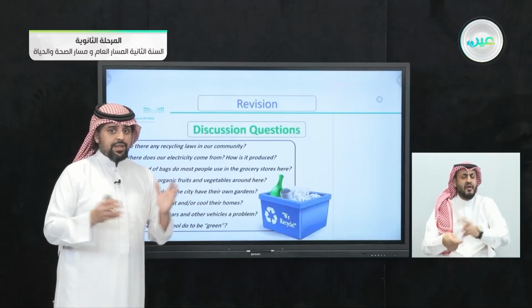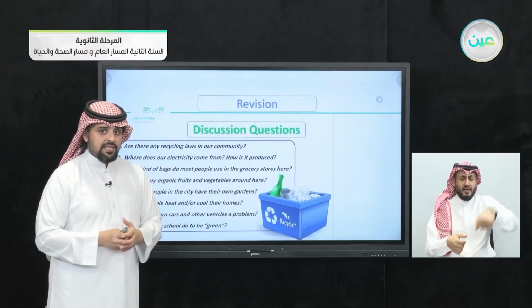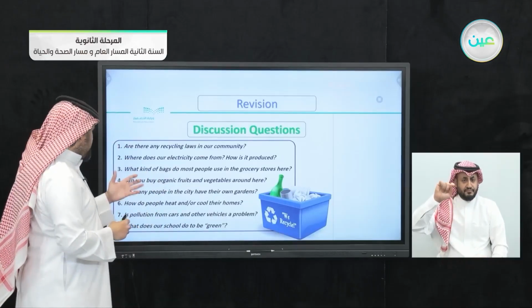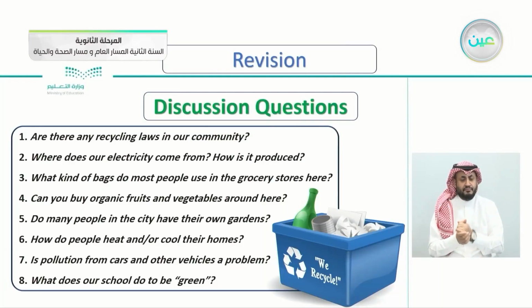I think the answer is plastic bags, hoping that this will change. Can you buy organic fruits and vegetables around here? I think the answer easily is yes, we can buy organic food here. Do many people in the city have their own gardens? Maybe some do.